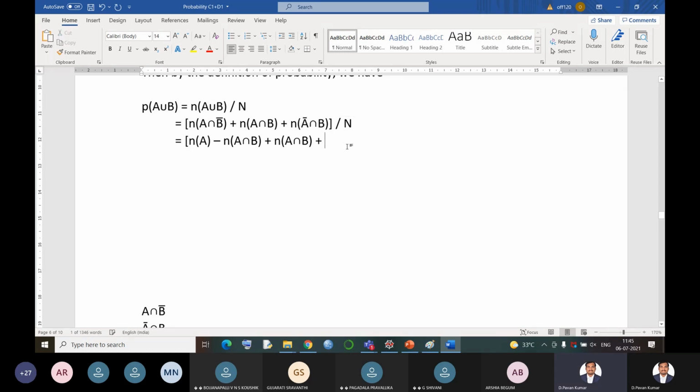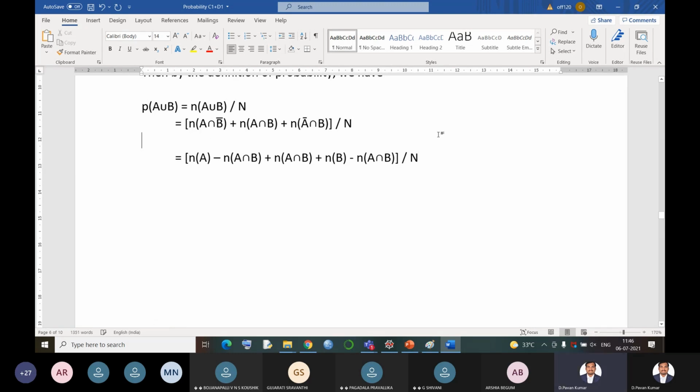A bar intersection B means N of B minus N of A intersection B. A intersection B bar means A minus A intersection B, and A bar intersection B means B minus A intersection B. And as well, our denominator remains the same.